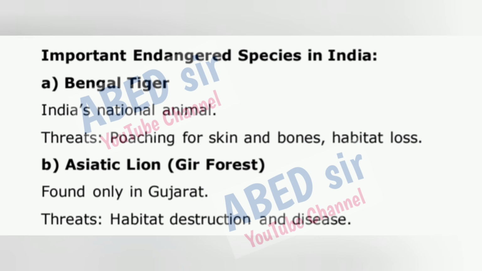Important endangered species in India. A. Bengal tiger. India's national animal. Threats: poaching for skin and bones, habitat loss. B. Asiatic lion, Gir forest. Found only in Gujarat. Threats: habitat destruction and disease.